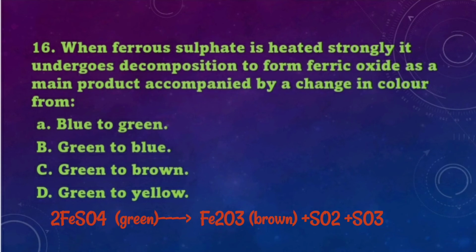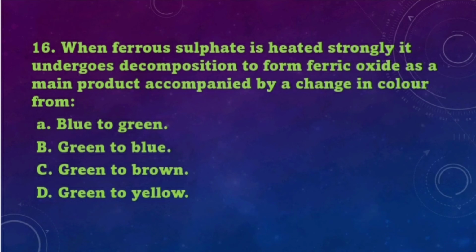Let's write the equation. Ferrous sulphate, when heated strongly, forms ferric oxide, that is Fe2O3, and also sulfur dioxide and sulfur trioxide. The ferrous sulphate changes its color from green to brown. So the answer will be option C, green to brown.